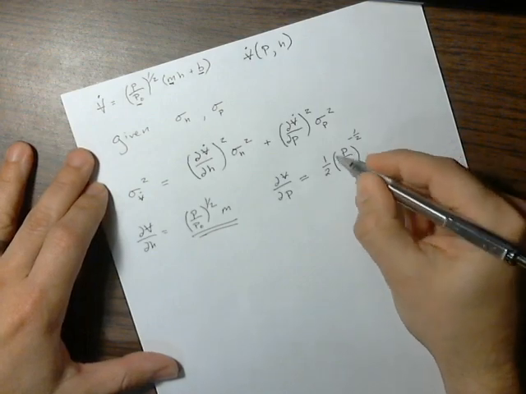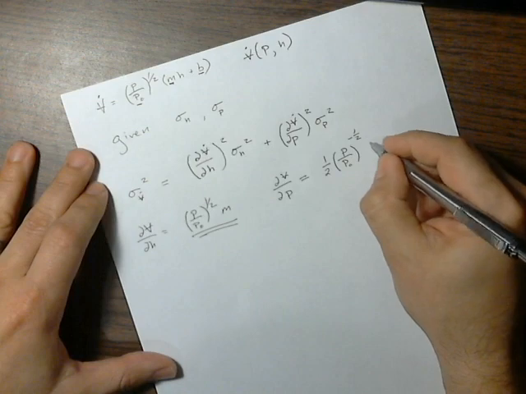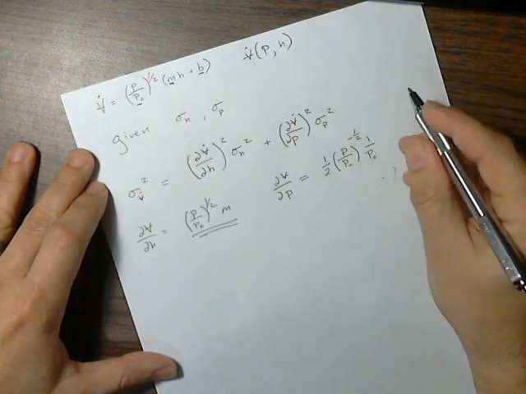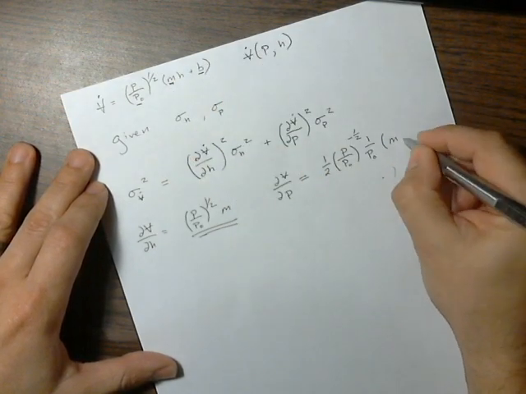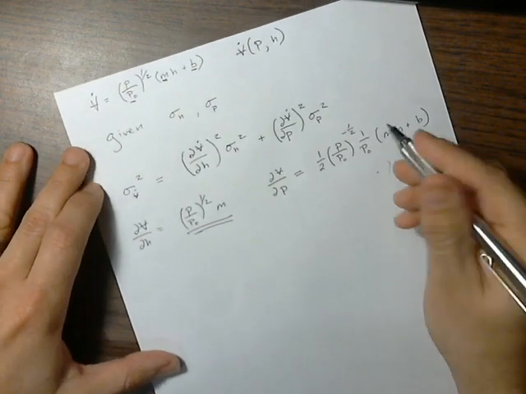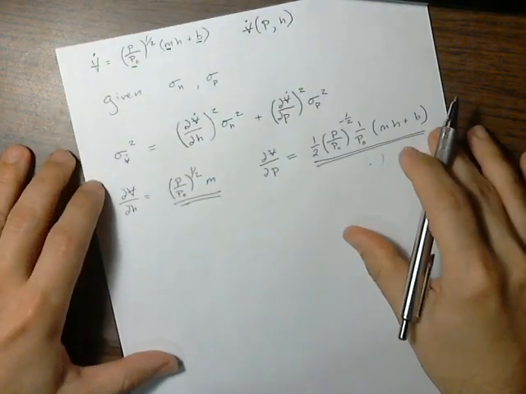And I need to multiply by the inside derivative, which is just 1 over P naught. Cool. And then I don't forget to multiply by this constant that's lagging behind, M, H plus B. It looks a little messy, but it's actually not bad at all.